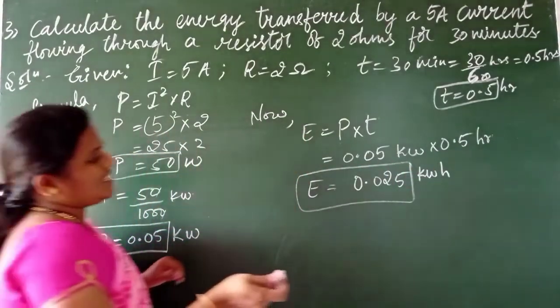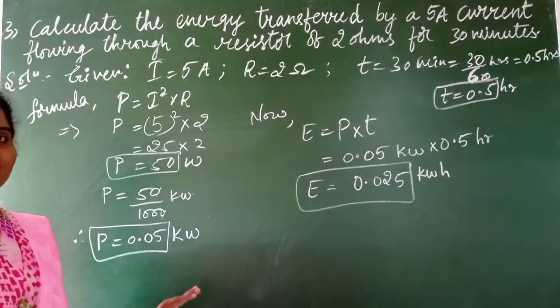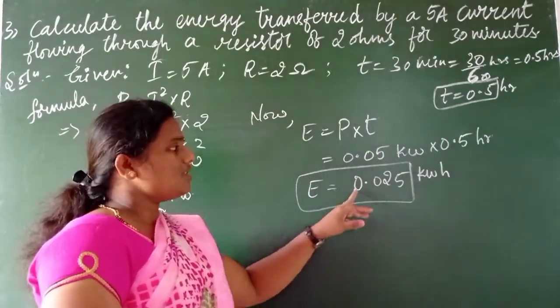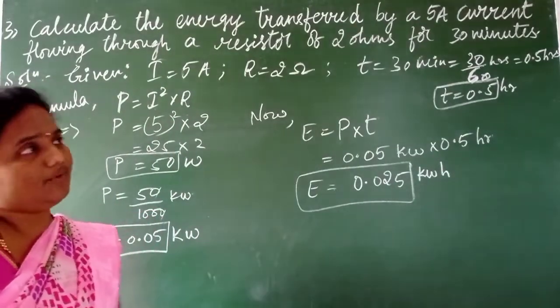With this value, you can even convert to joules also. Got it, children? In terms of the commercial unit, how much energy is consumed here? 0.025 kilowatt hour of energy has been consumed.